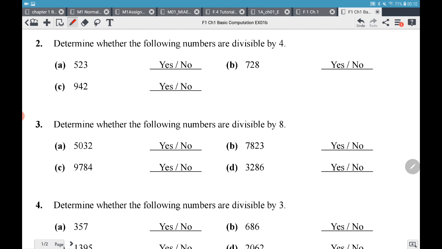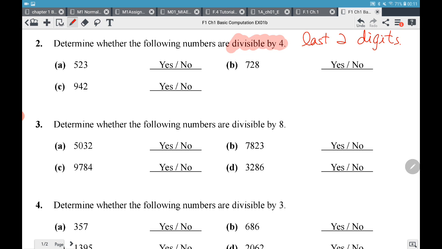And then we go to question 2. In question 2, we need to check a number: is it divisible by 4? In this case, we have to check the last 2 digits.